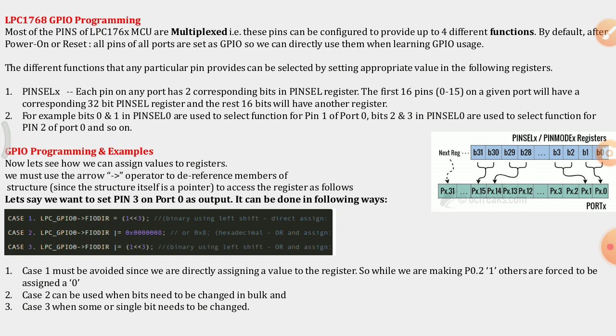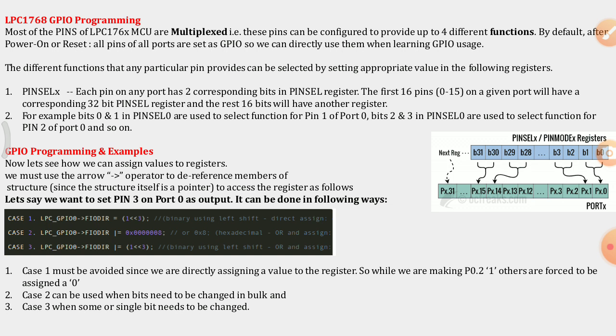Most of the pins of the LPC1768 microcontroller are multiplexed. These pins can be configured to provide up to 4 different functions. A single pin can provide 4 different functions, but by default, after power on reset, all pins of the ports are set as GPIO function.